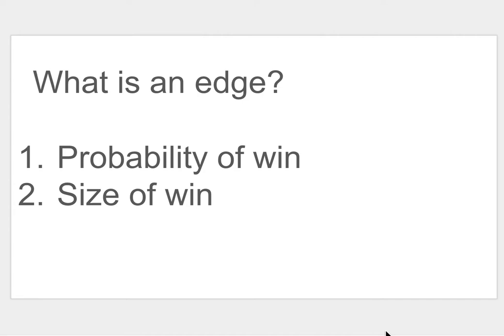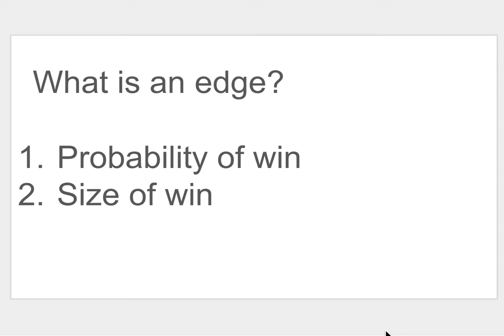And of course, the size of the win is part of an edge as well. If you win 100 times and you only win, let's say 1% each time, but when you lose you actually lose say 20%, then of course there's no real point in having a lot of wins if one loss can wipe out your account, right?